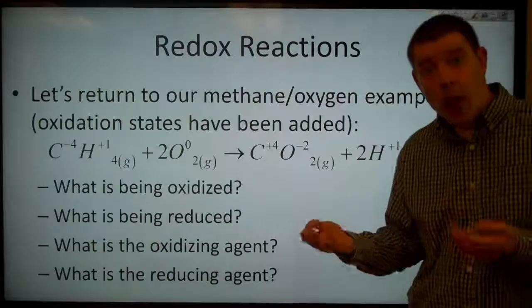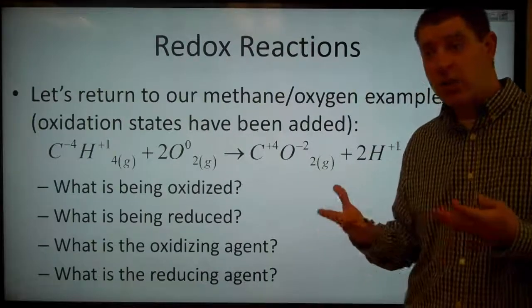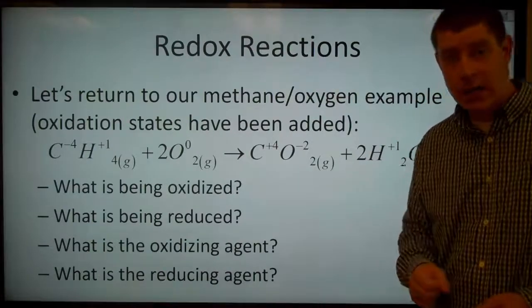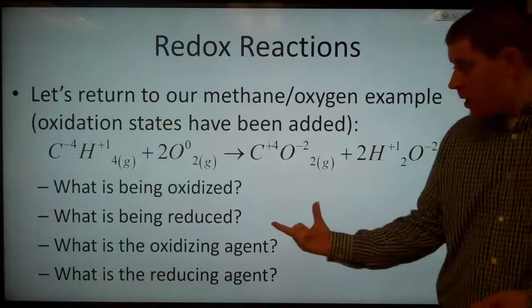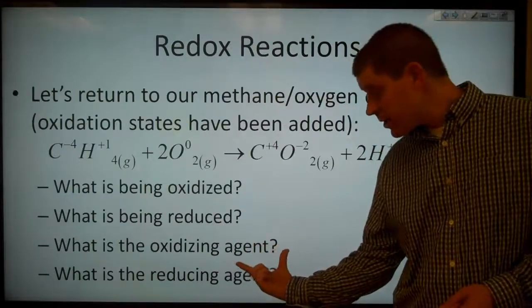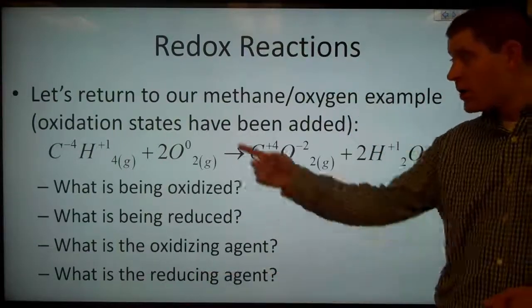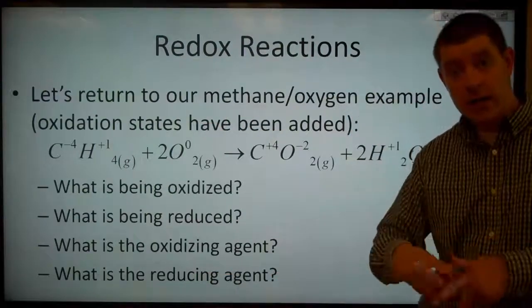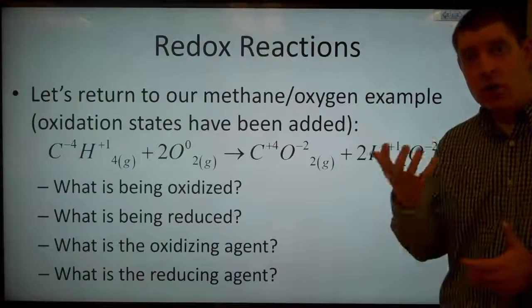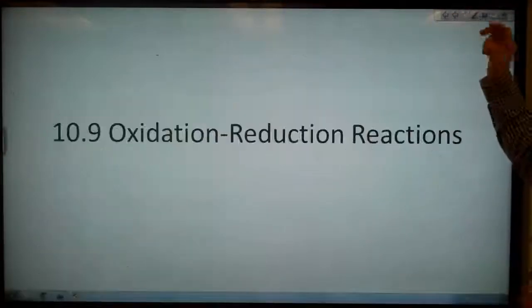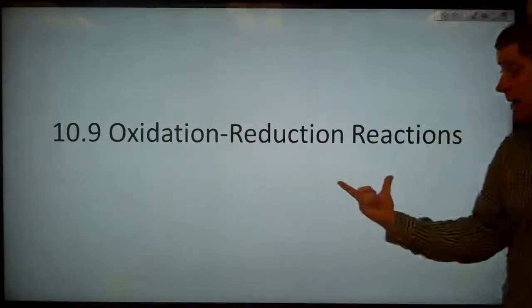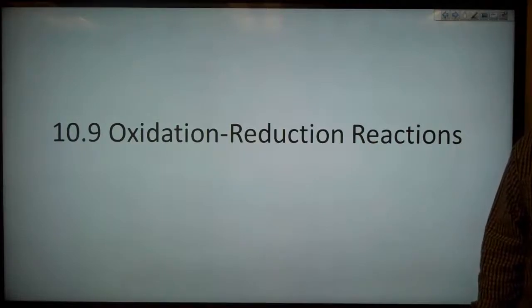This is why we call it oxidizing, because oxygen is a very good oxidizing agent. So the oxidizing agent is the oxygen. The reducing agent is the carbon, because as the carbon gets oxidized, as it gives up its electrons, it's reducing the oxygen. So that was oxidation-reduction reactions, redox reactions.